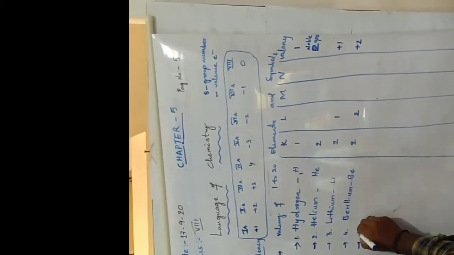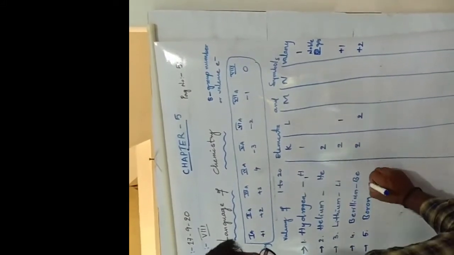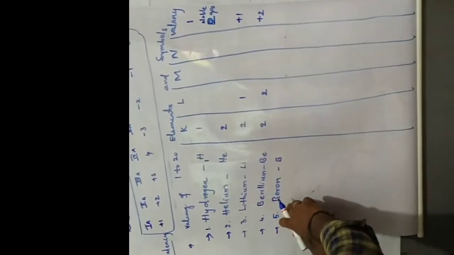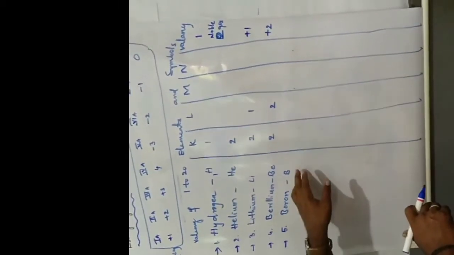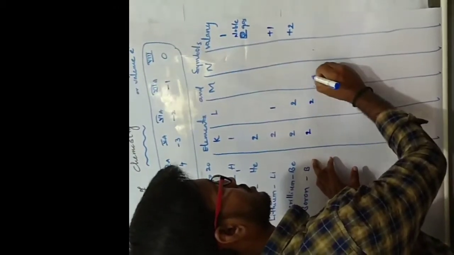Fifth element, boron. Symbol of boron is B. Electronic configuration 1s2, 2s2, 2p1.